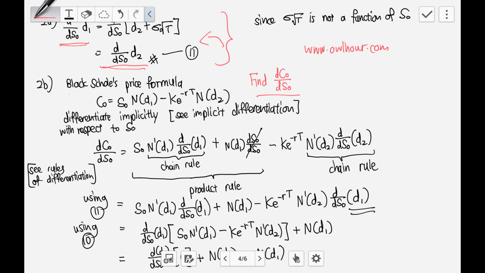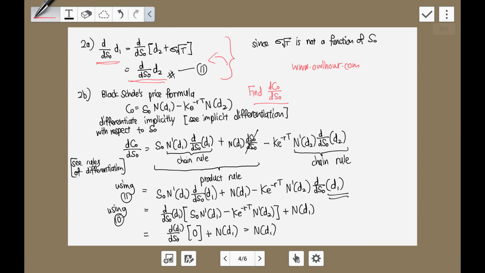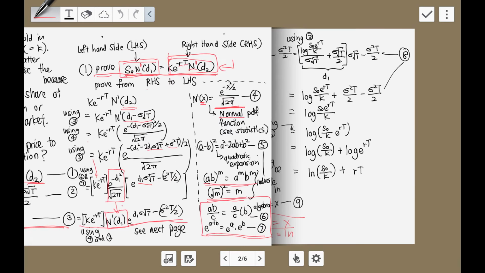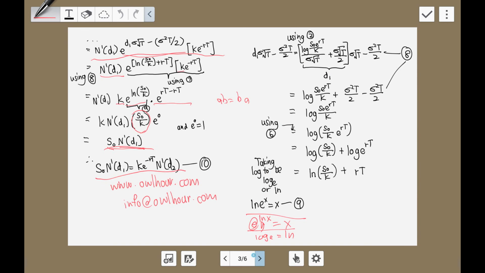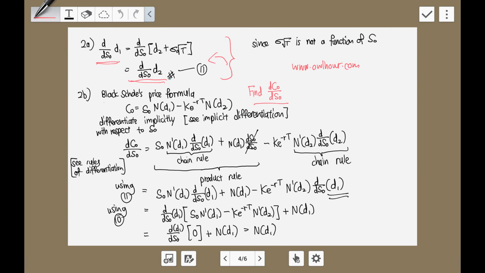So for this, we differentiate d1, as stated here, with respect to S0, and we also differentiate d2 with respect to S0. This is what we are trying to prove.